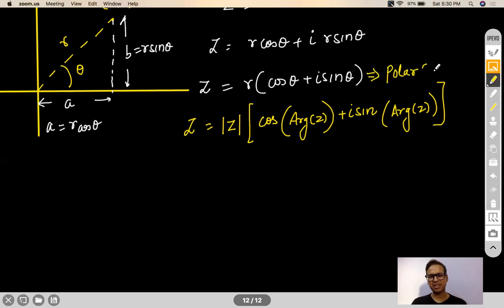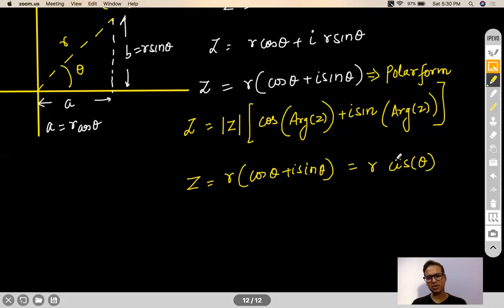Many a times we write this in a short form as r cis theta. Okay, cis is a short form of cos theta plus i sin theta. But not to be used in school.